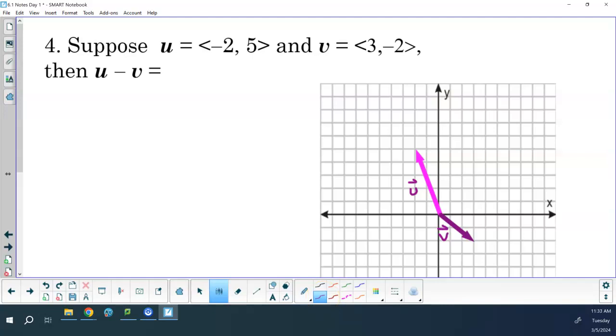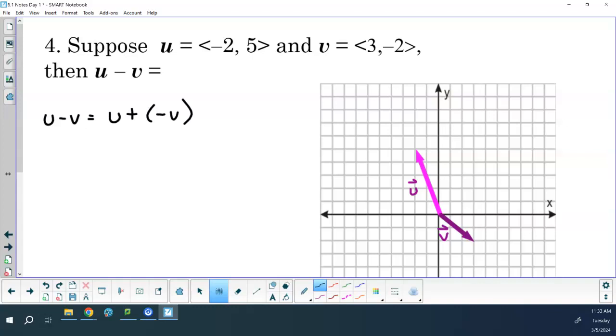How are we going to do subtraction? What do you mean? So you're saying u minus v is going to be u plus the opposite of v?